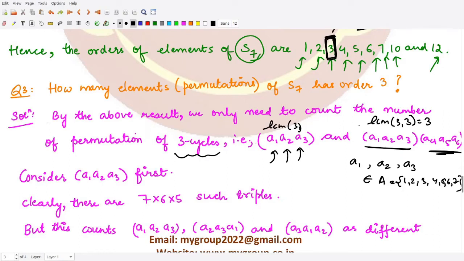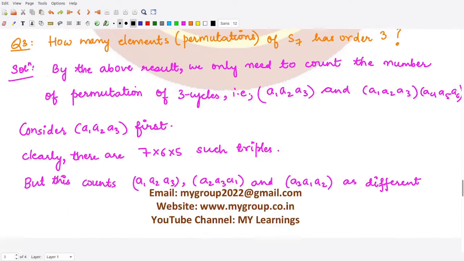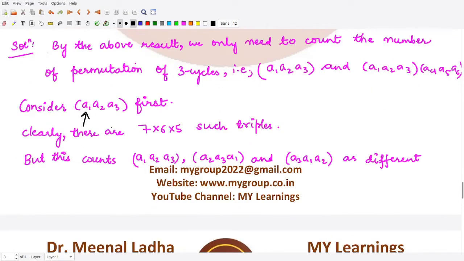Okay, so for proceeding, firstly we'll look at this cycle (A1 A2 A3). We have to look at in how many ways we can select A1, A2, and A3. For selecting A1, because we can place any of the numbers 1 to 7, we have 7 choices.